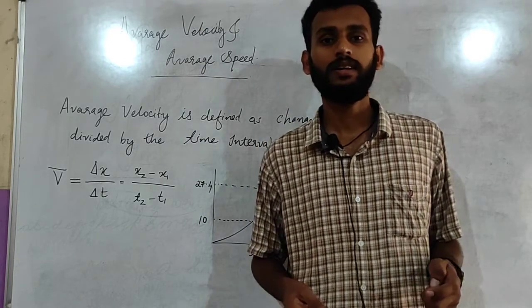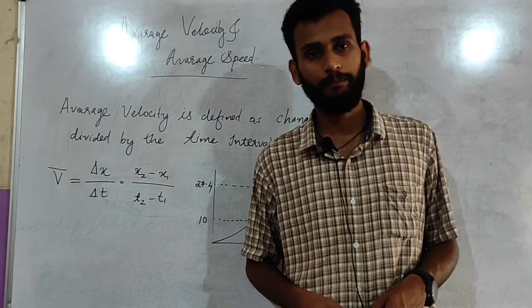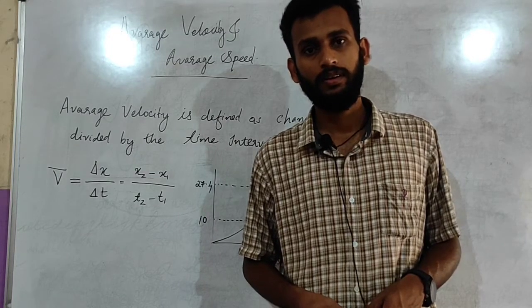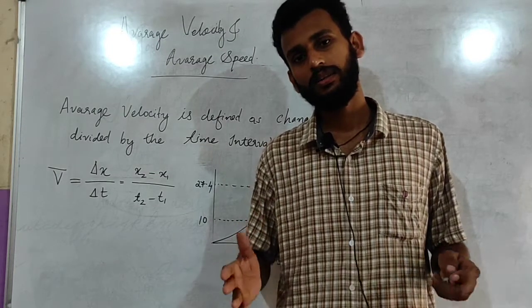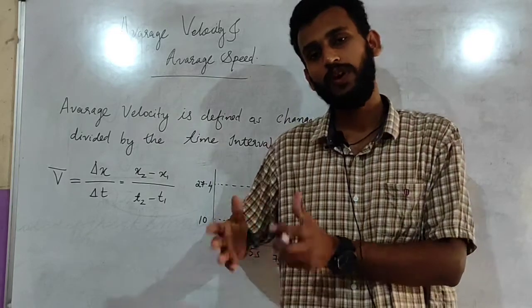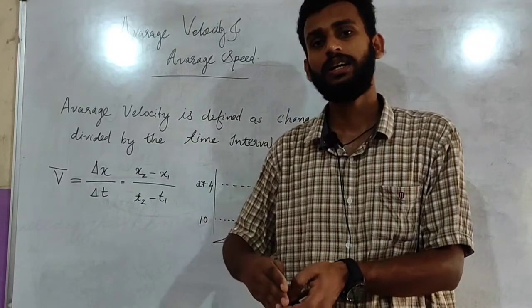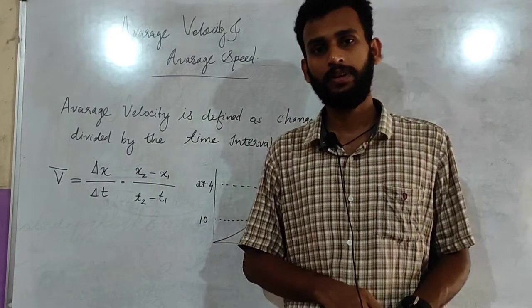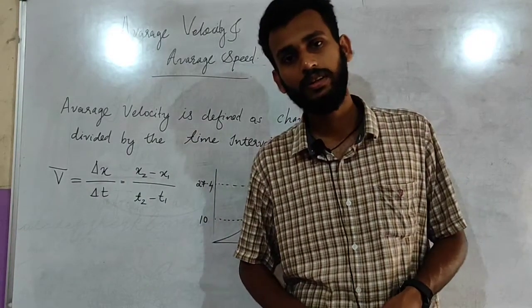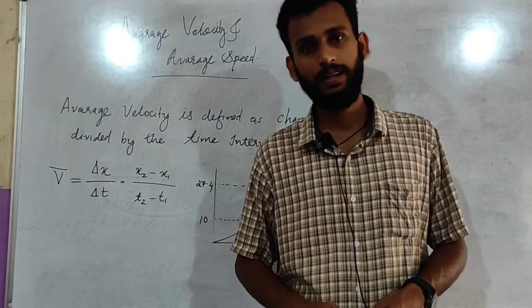That is known as the average speed. It tells at which speed, or how fast, the position is changing with the change in time. For that purpose we use the physical quantity average speed.